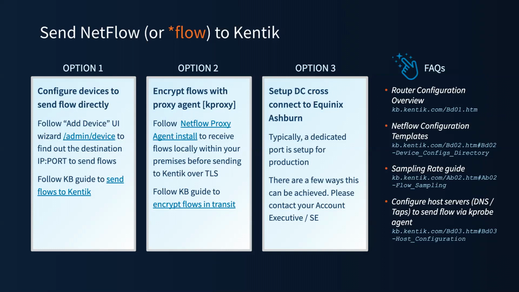We call it kproxy, or a proxy agent, which you would install in your own network and send all of your NetFlow to it. The agent will also do SNMP polling before encrypting the data and sending it back to us. Option three is when you need a private interconnect, and we can have a direct connect between Kentik Cloud, where we are in Equinix Ashburn, and you, if need be.